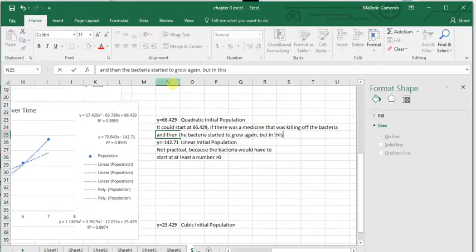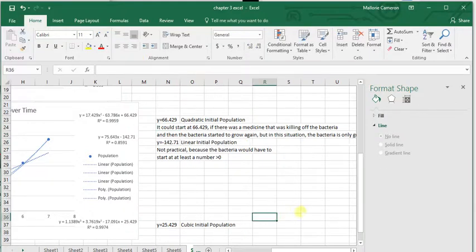But in this situation, the bacteria is only growing. So this number is not practical, for sure. Okay.